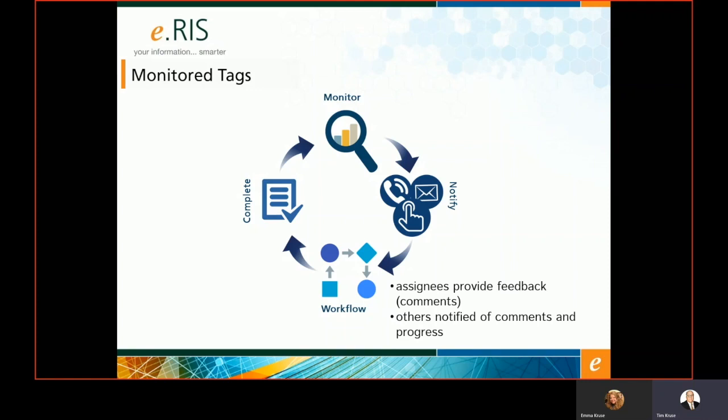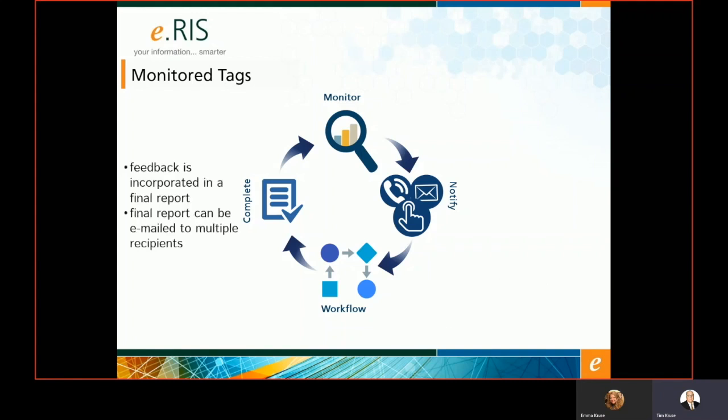be distributed out to the notification group that may be interested in what is happening. And at the completion of that process, there's an entire feedback loop again, where all of the feedback that was accumulated throughout the entire process is consolidated into a final report, and that final report can be sent out to anyone within the group or with any individual.